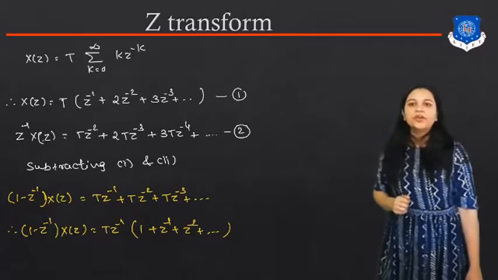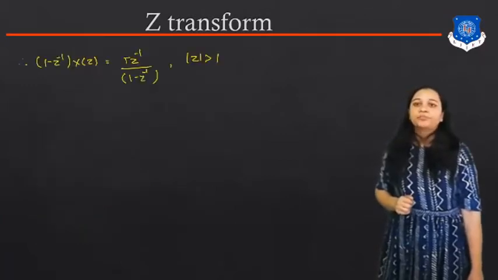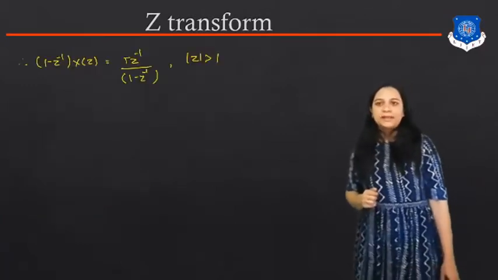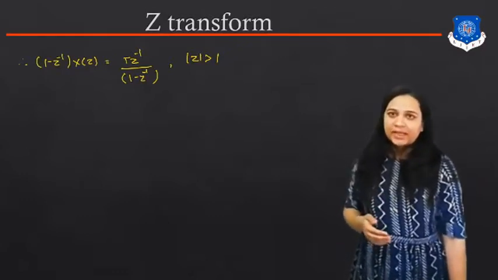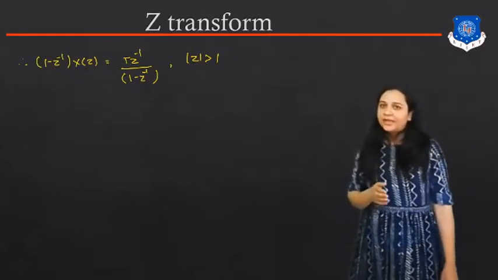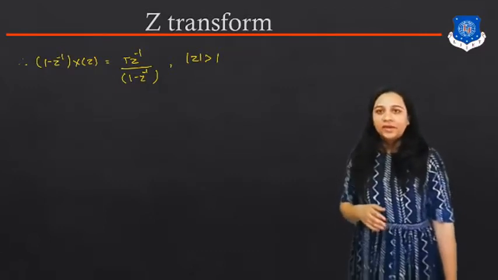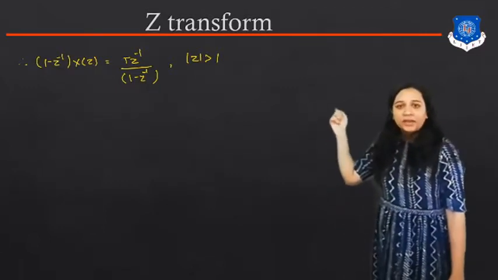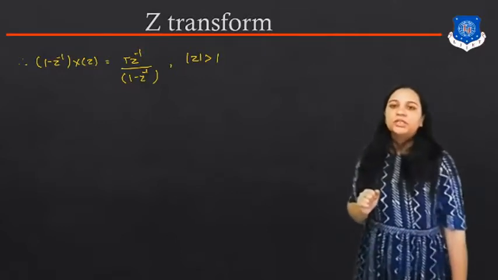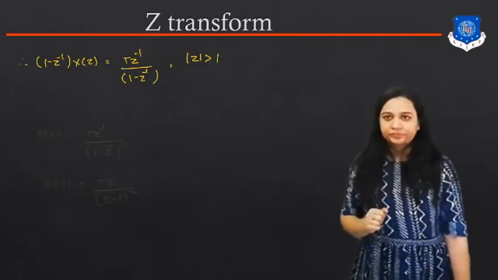So what is the equation of the ramp? 1 minus z inverse times x of z equals t into z raised to minus 1 upon 1 minus z inverse, with ROC mod z greater than 1. This is the ROC of the unit ramp function. Clear?